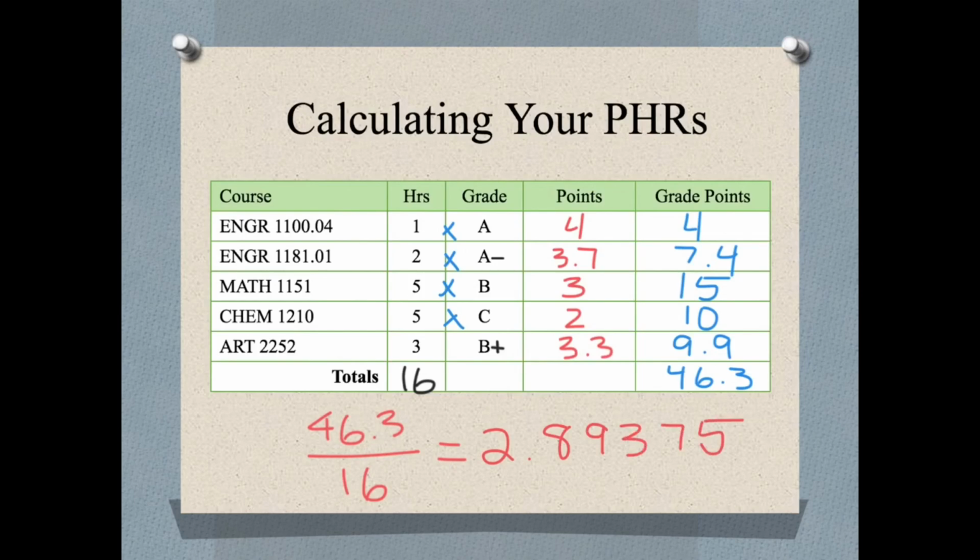Because there will only be 3 decimal places included in your point-hour ratio, you will need to truncate the decimal after 3 places. So even though the next number after 3 decimal places is a 7, this would not round up to 2.893. The decimal would just stop at 2.893, and you would remove the last 2 decimals.